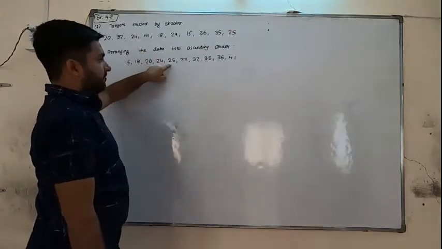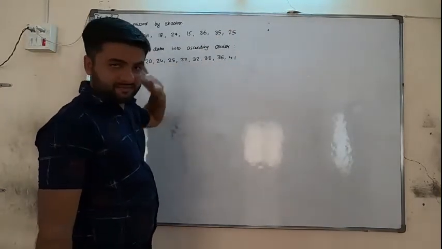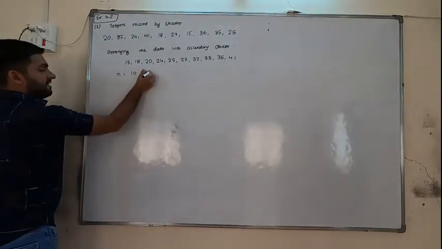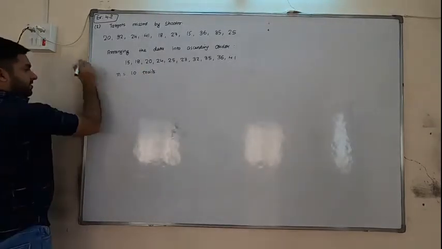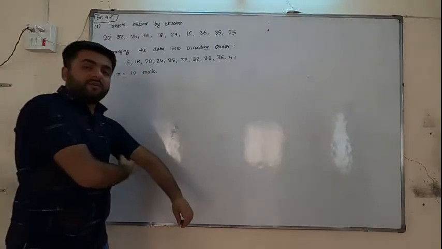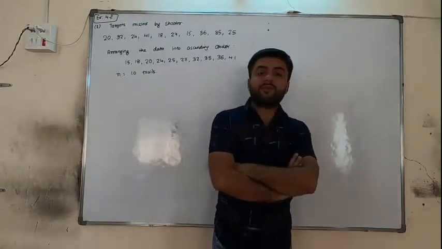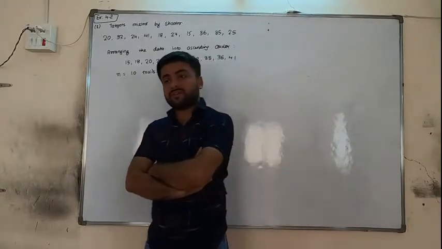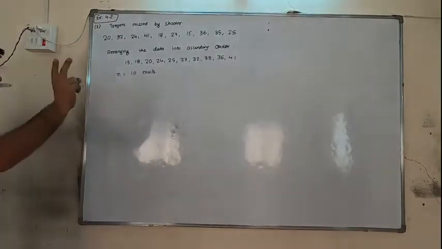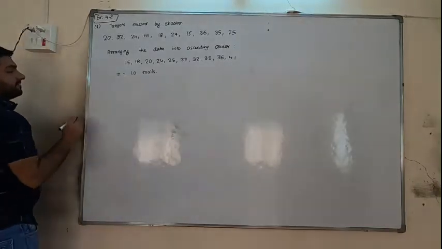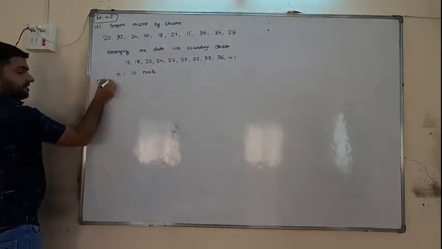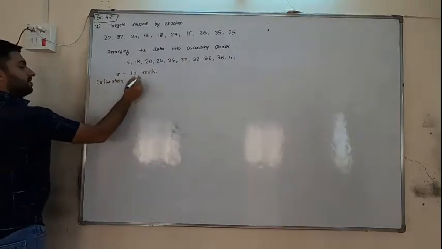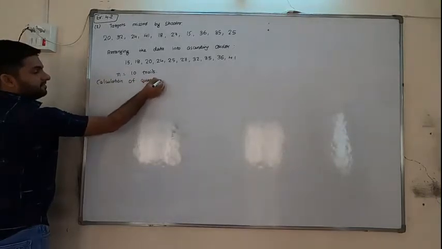N is equal to 10 trials. Now, for calculating quartile deviation, directly we cannot calculate it. For that we need 2 quartiles, first and third. So first we will calculate those. If you are thinking that sums are small, they are not. In calculation of quartiles, these sums are very big.